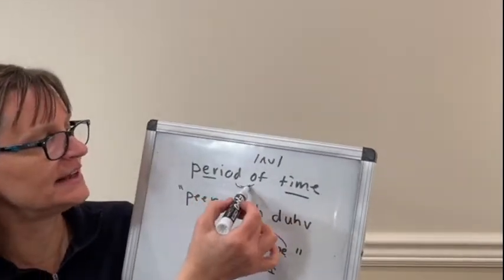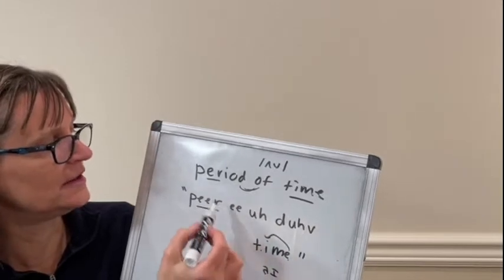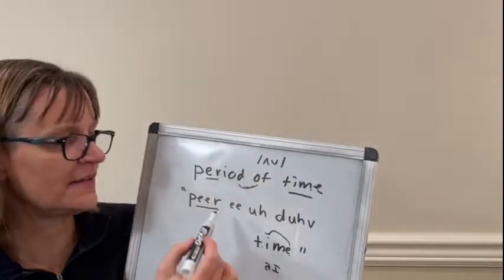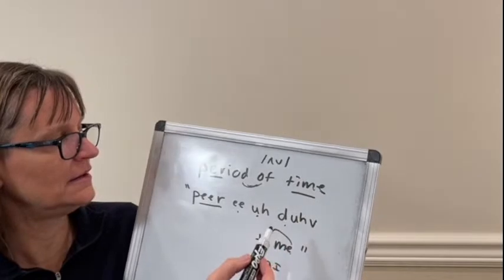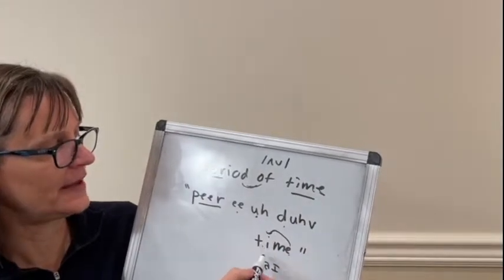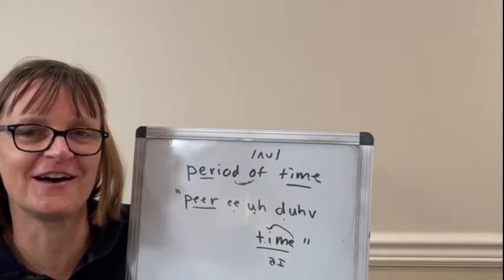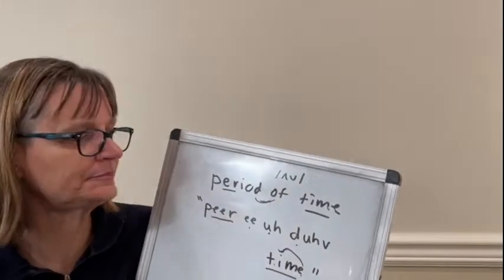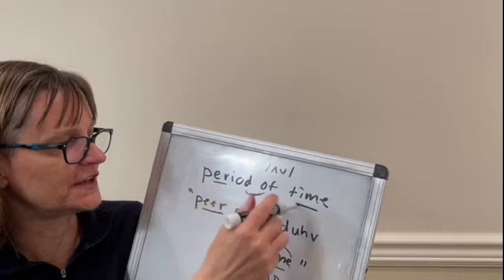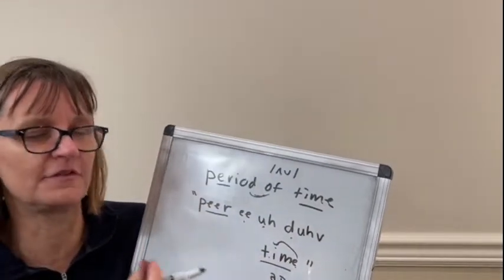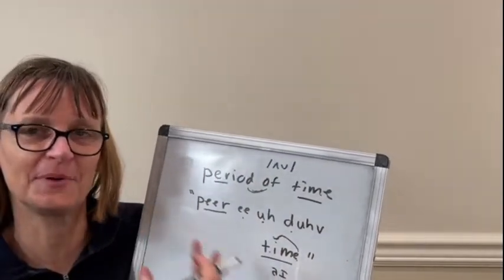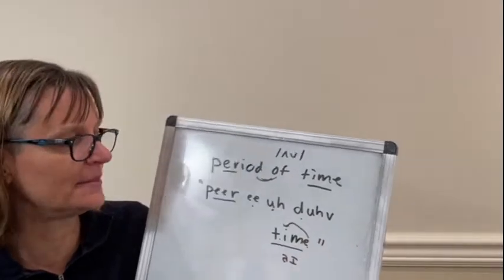So I would say linking these, making sure you have the length and the ear sound there, period. And then we're going to have a little length here, but our main length in that phrase is on the time, period of time. So you kind of have fast, period of, four fast syllables, period of time, and then time gets stretched out.